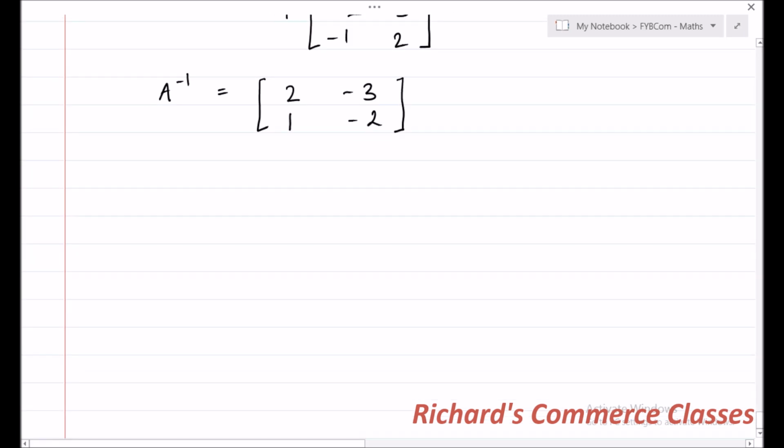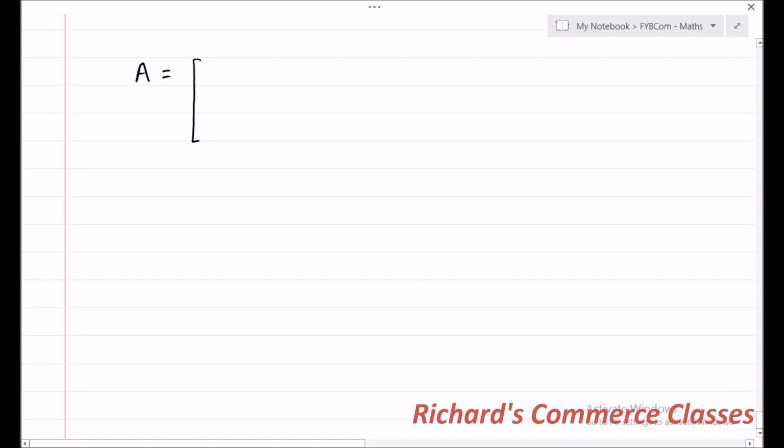Let's take an example of a 3 by 3 matrix. A is equal to 1, 3, 3, 1, 4, 3, and 1, 3, 4.